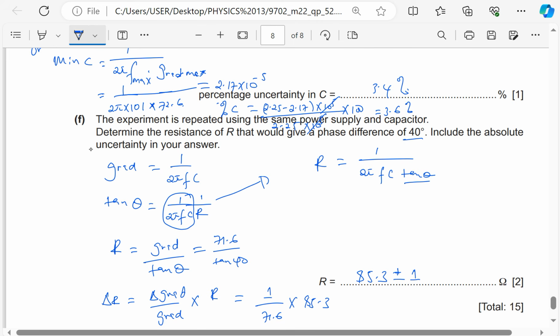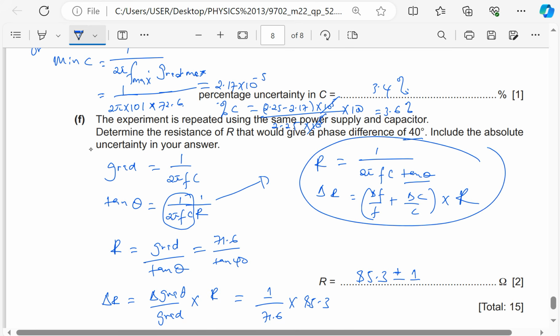And since theta has no uncertainty, I'll just ignore it. So the absolute uncertainty in R would be equal to the absolute in f over f plus the absolute in c over c. Then I multiply this by our value of R. This would also give approximately the same value.